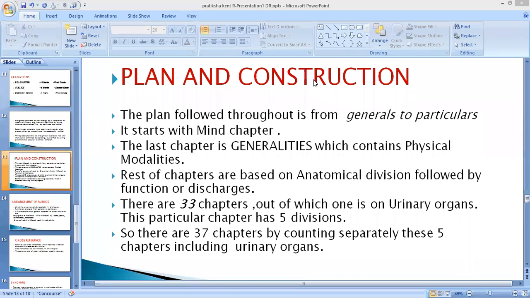Then genitalia male, then genitalia female, then larynx and trachea, respiration, cough, expectoration, chest, back, extremities, sleep, then chill, fever, perspiration, skin, and last section is generalities. In this way, the sections are arranged according to anatomical division of the body.